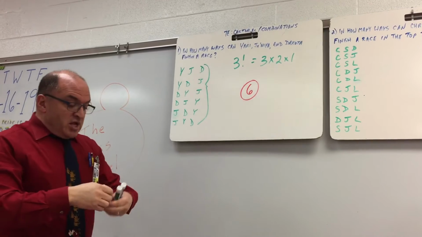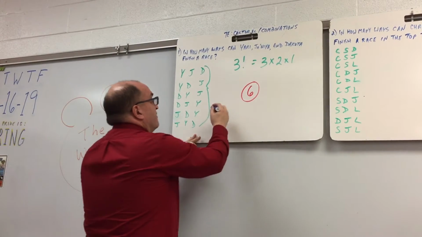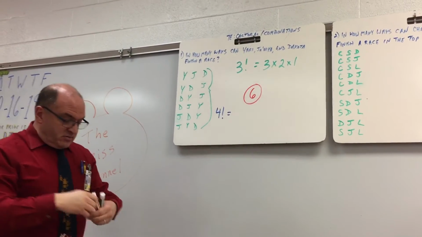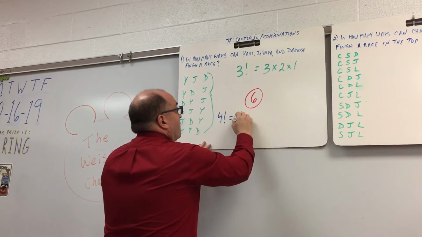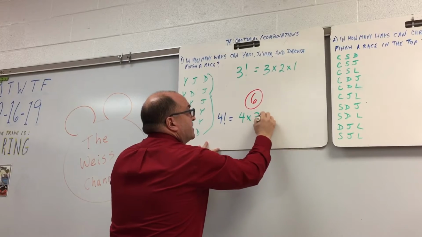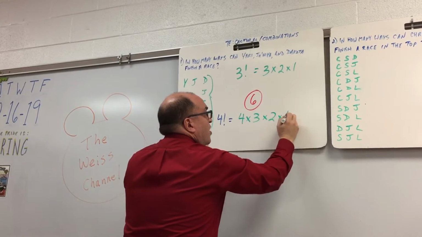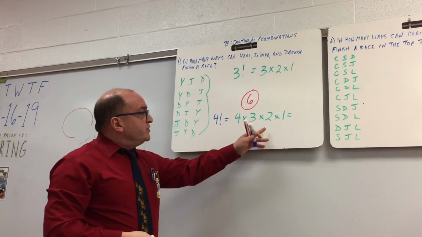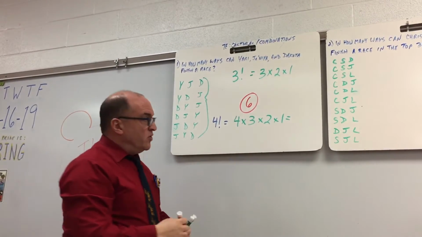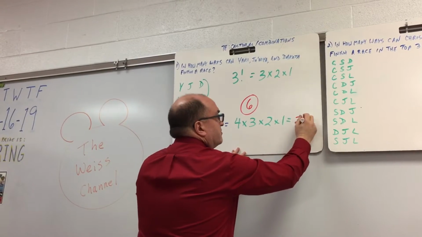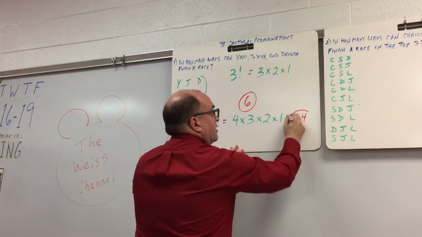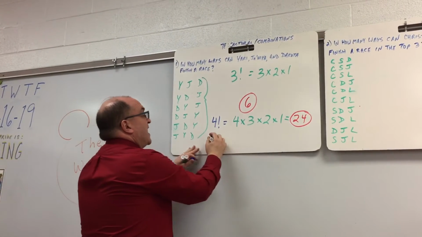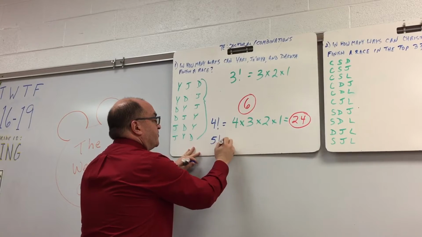Okay? So, for example, what is 4 factorial? 4 factorial would be 4 times 3 times 2 times 1. 4 times 3 is 12. 12 times 2 is 24. Times 1 is 24. Okay. That would be 4 factorial. What would 5 factorial be?